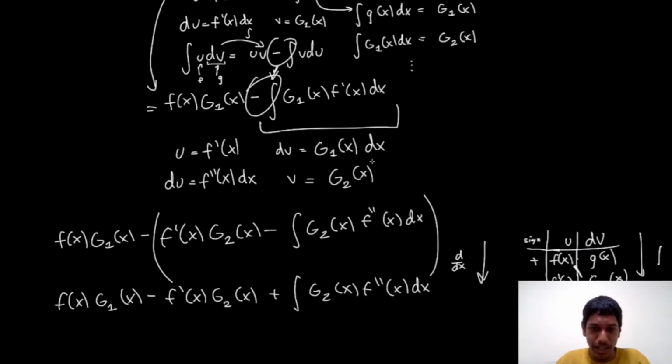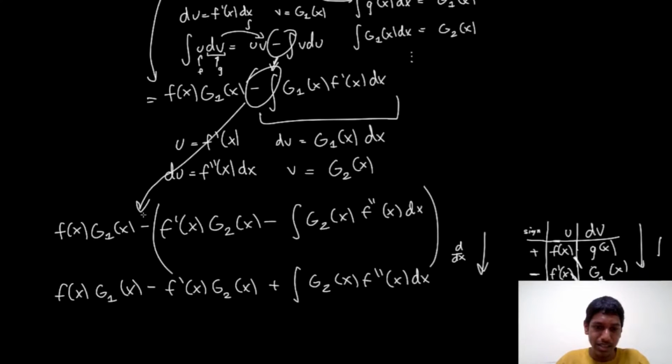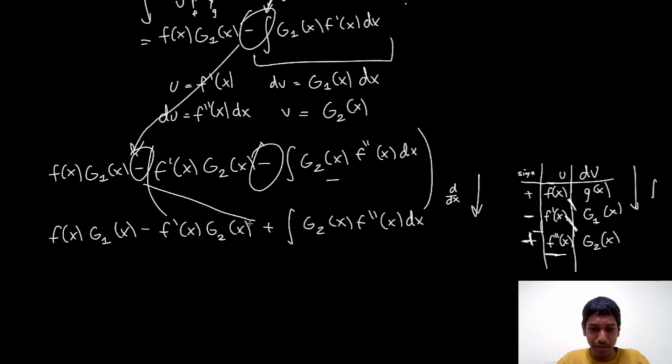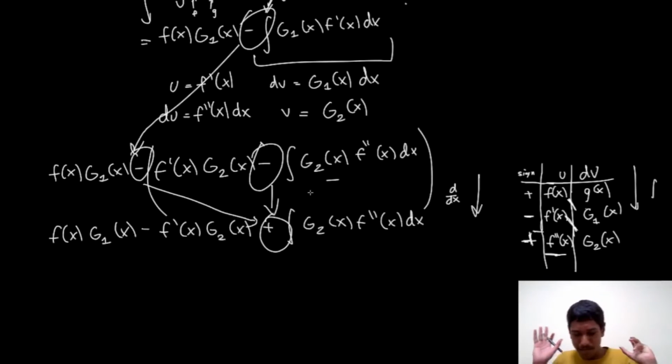So it came from there, and then that minus sign lingered. We had another one come in. This guy had another minus sign attached to it, and that came from the formula directly, right? But then these two came together, and formed a plus sign.